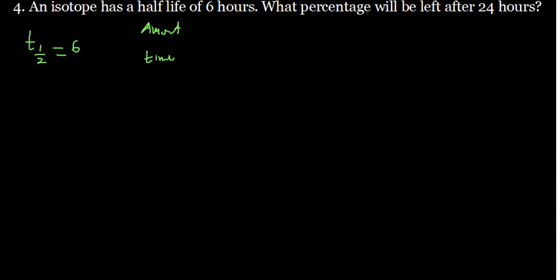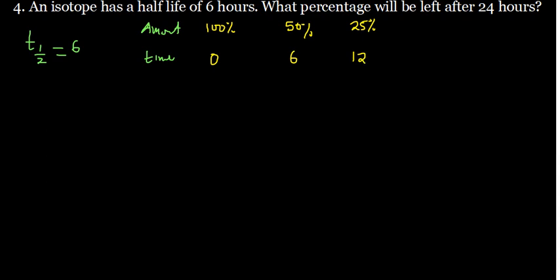Since we are talking about a percentage, let's say we are starting with 100%. So the time is 0 when you have 100%. When this reduces to 50%, remember the half-life is 6, so this will be 6. It divides again by 2, that will be 25%, at 12.